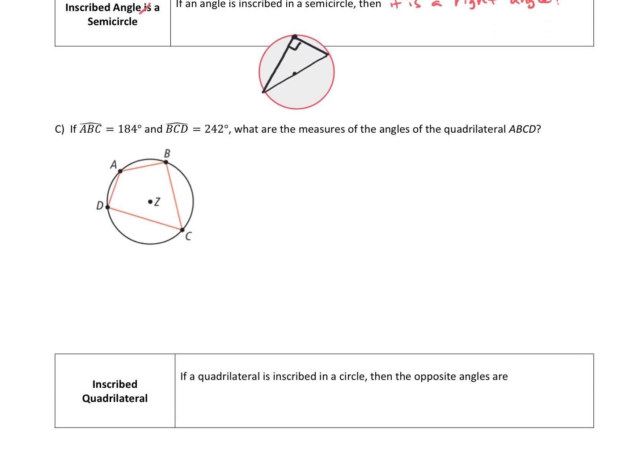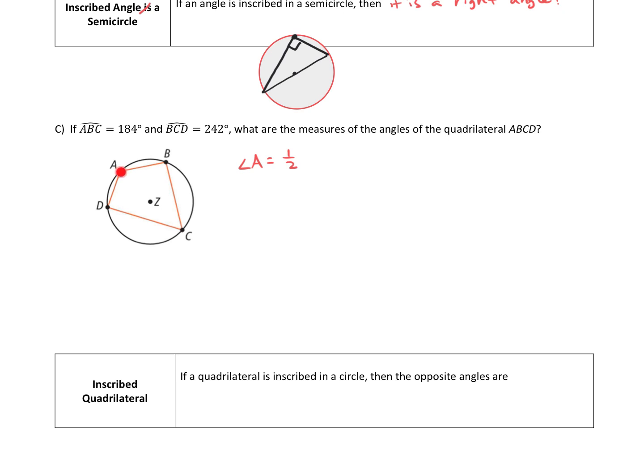All right, part C. If arc ABC is 184 degrees and arc BCD is 242 degrees, what are the measures of the angles of the quadrilateral ABCD? Okay, so angle A is equal to half of its intercepted arc.